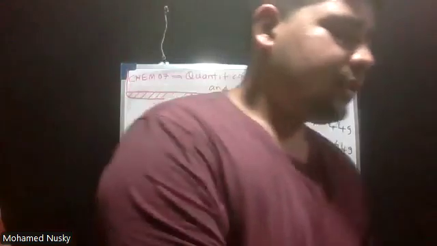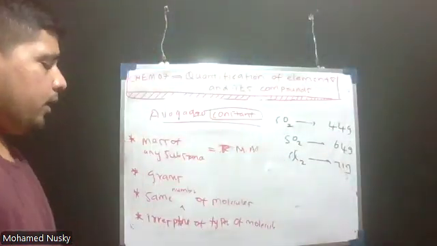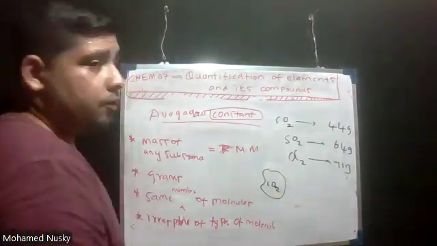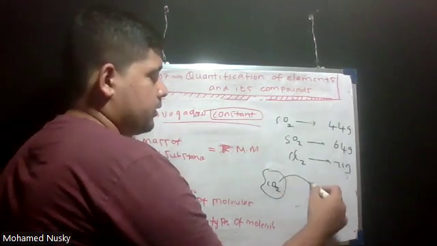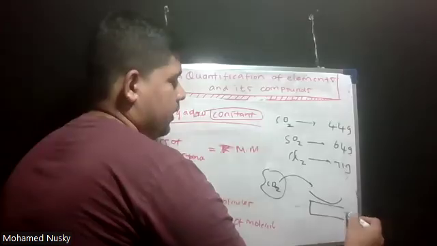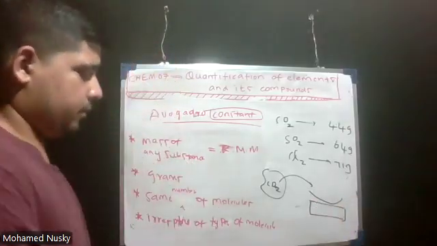So I'm going to do the same experiment which I did for atoms. From this CO2, I'm going to take a certain mass and keep it on a balance and see the reading.